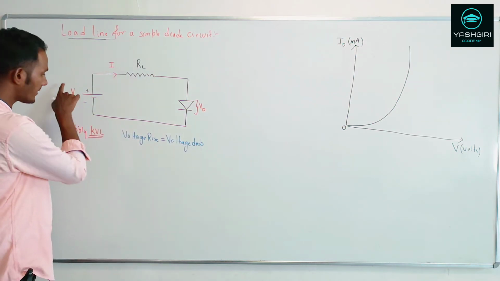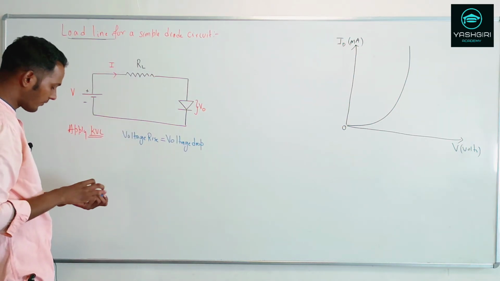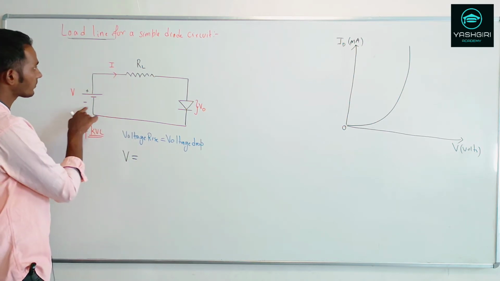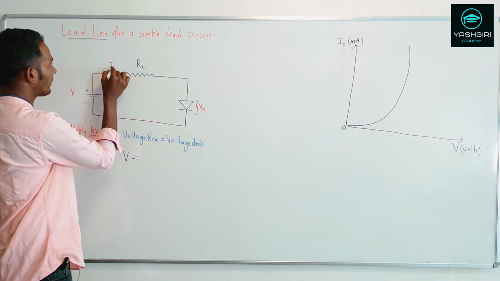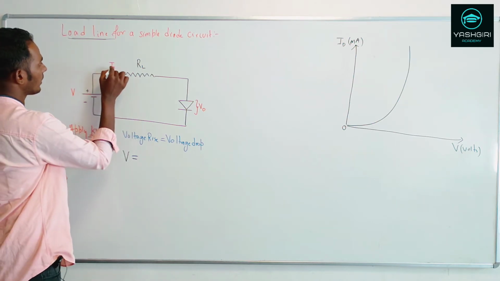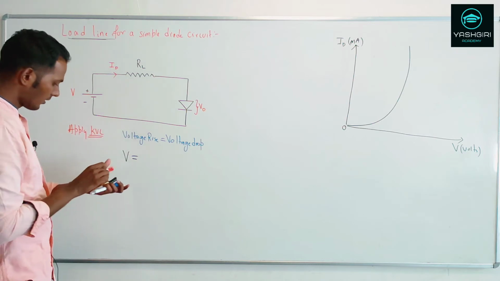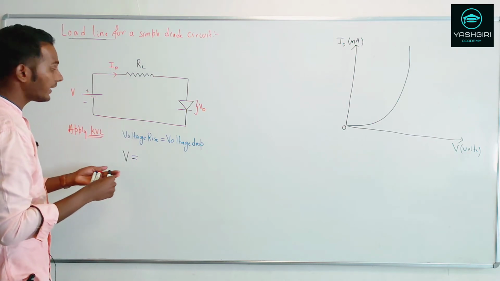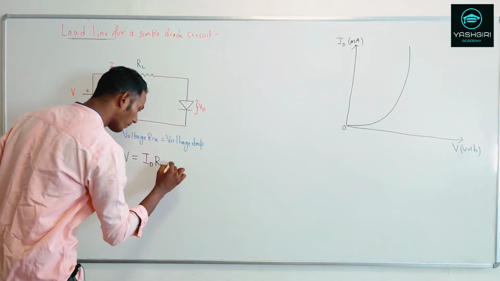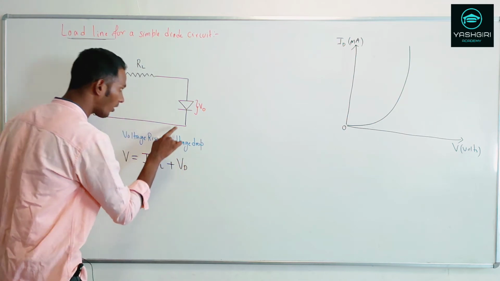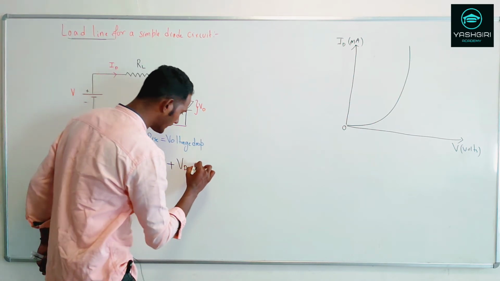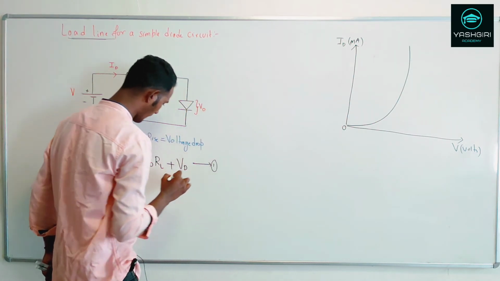Here there is a rise in the voltage, so what I can write is V is equal to, there is a drop, let's consider this as ID. So here I'll get ID into RL, that's the drop, plus there is a potential drop across this diode D. Let me number this as my equation 1.